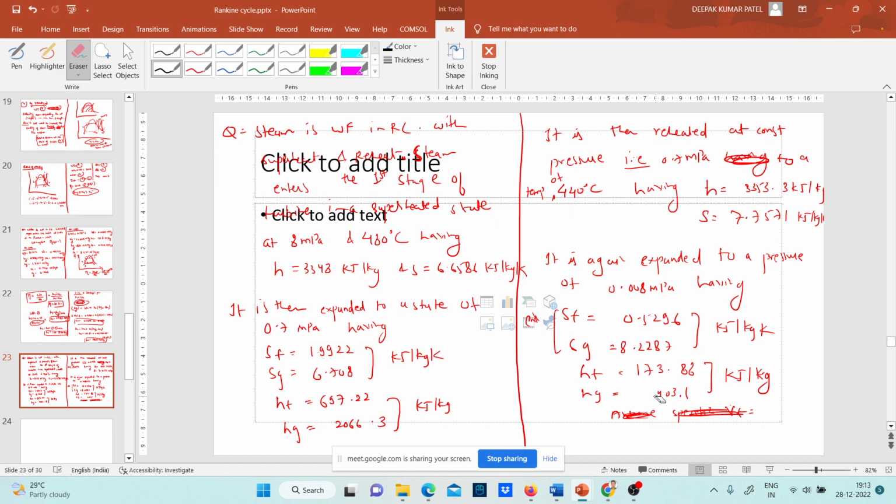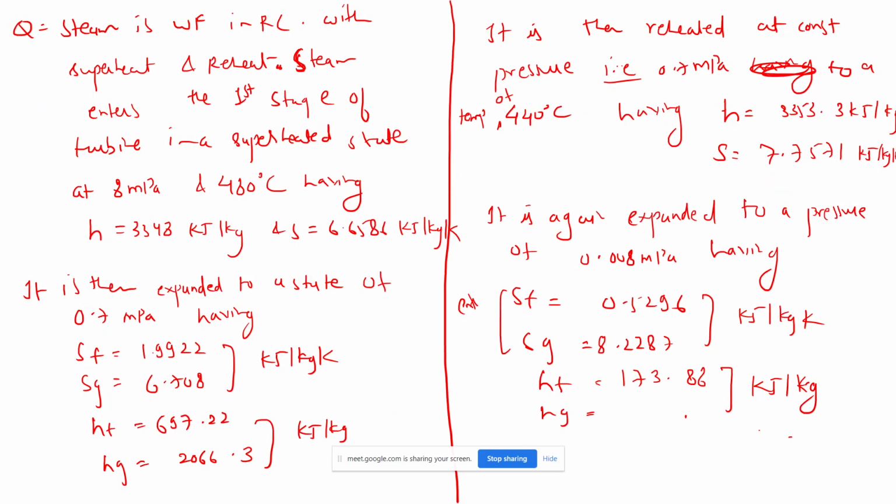I have to complete the question first. Hg is 2403.1. Is it now visible? And the specific volume of the saturated liquid.